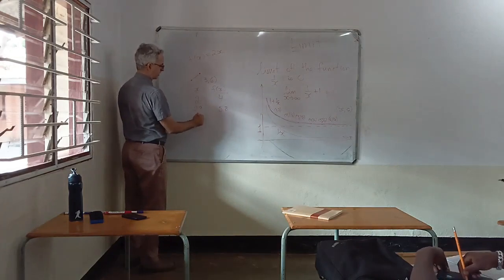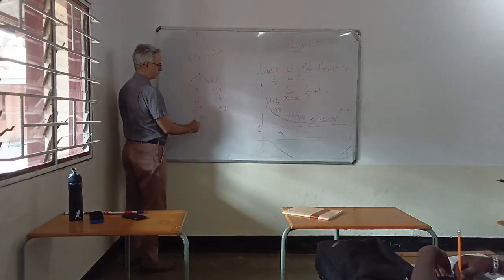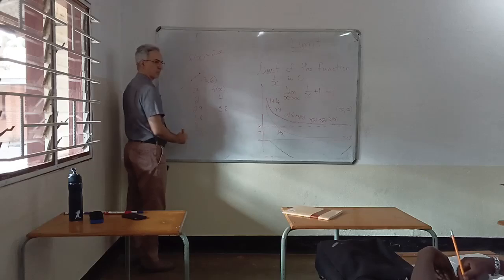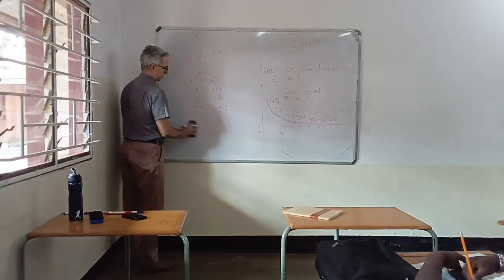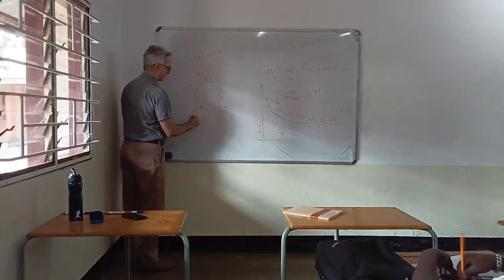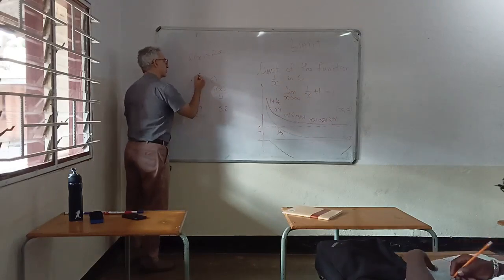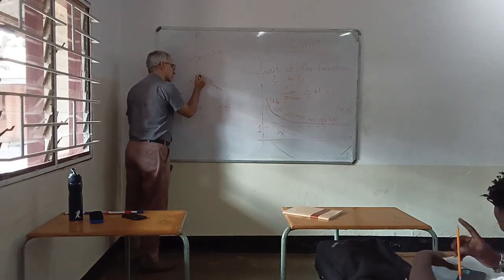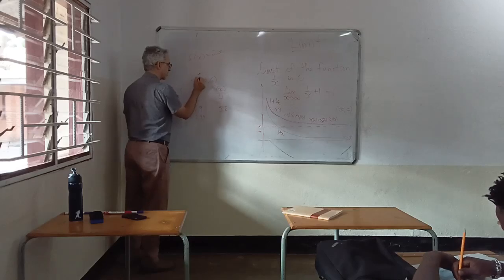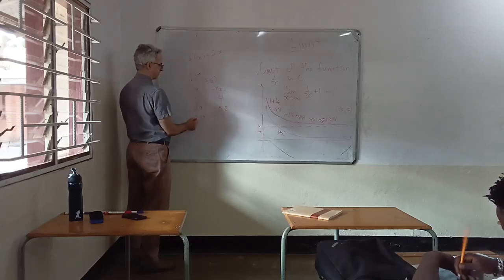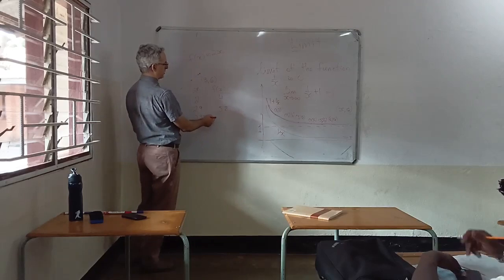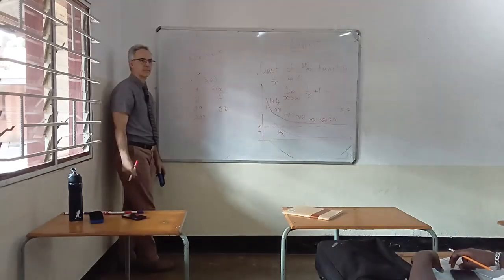The 9 becomes 18 like this. 1.8 plus 4 is 5.8. Right? And so 2.9 is here. That's 2.9 and 5.8. Good. What is 2.99? What is f of x?